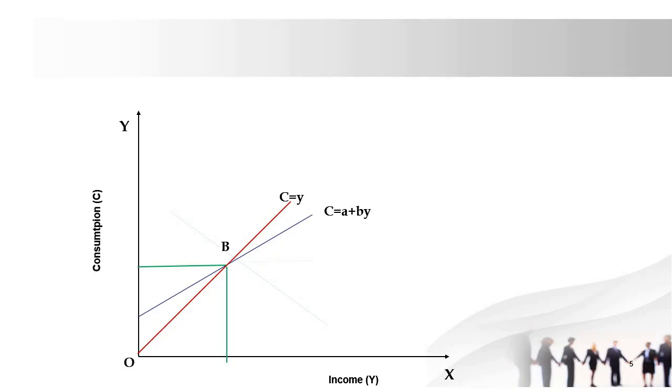That point B shows that they are equal. Beyond this point B, the consumption is less than the income. Thus the segment BC of the consumption function is a significant portion of the Keynesian analysis.